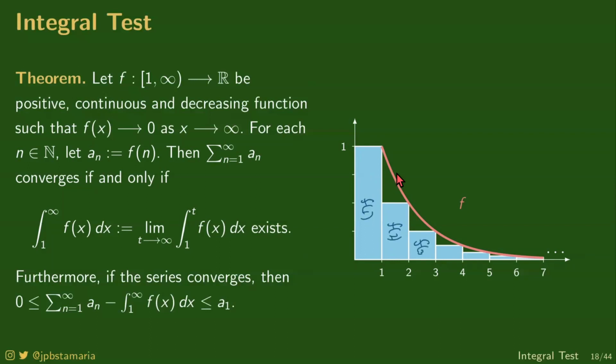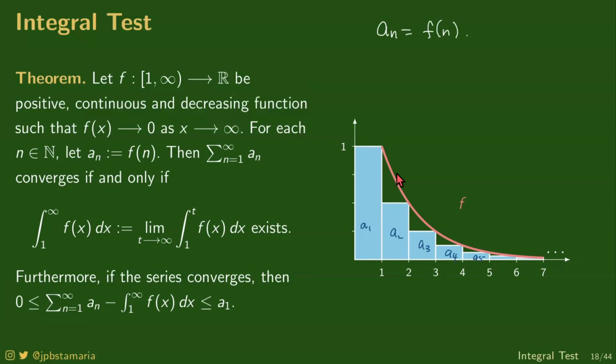Ito yung f of 3, yung area ng mga yan, and so on. Naintindihan ninyo? O hindi, mas madali yatang tawagin A1, A2, A3, A4, A5. Okay? Ang formula sa a sub n is that a sub n ay f of n. Okay, do you agree? Okay.